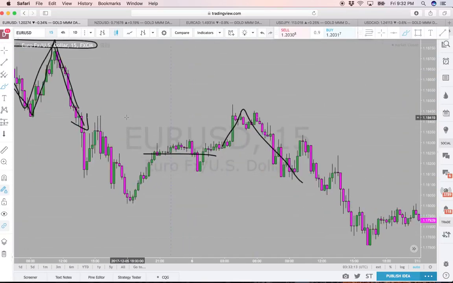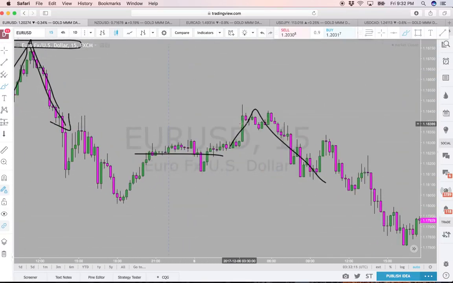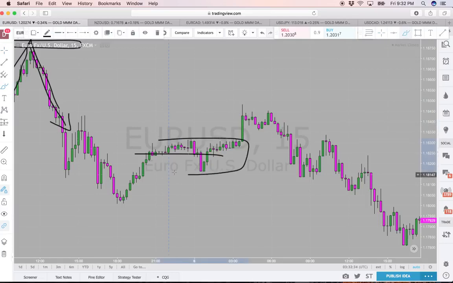So here's this little M formation. Now we've talked about the structures coming in macro and micro forms. This you could say is a small micro M formation. We have the consolidation here, the breakout of consolidation in this one candle, and then that M formation to then reverse the market.